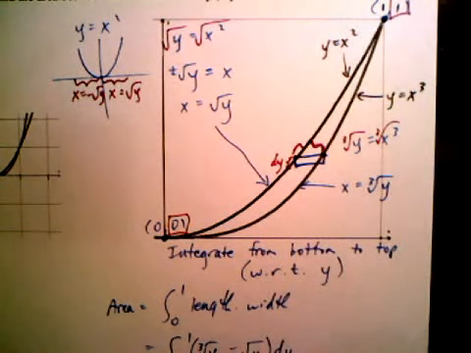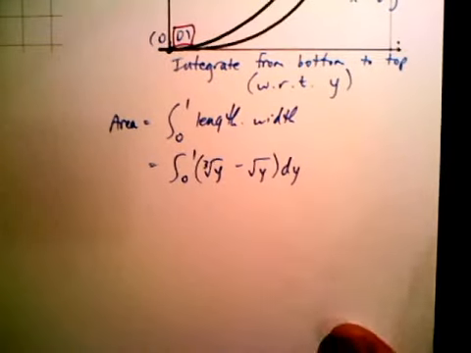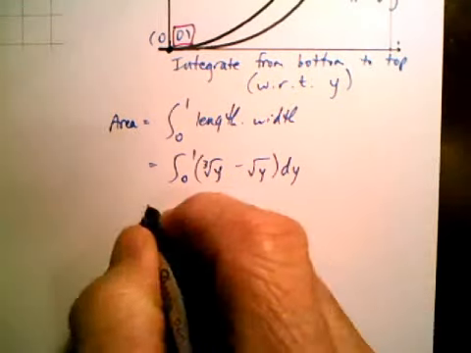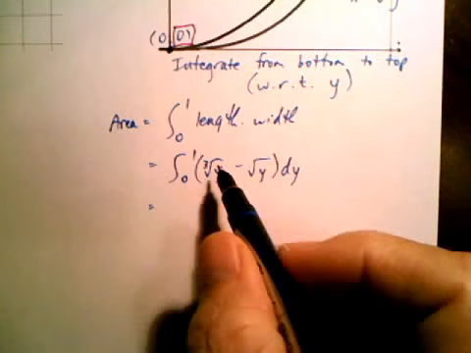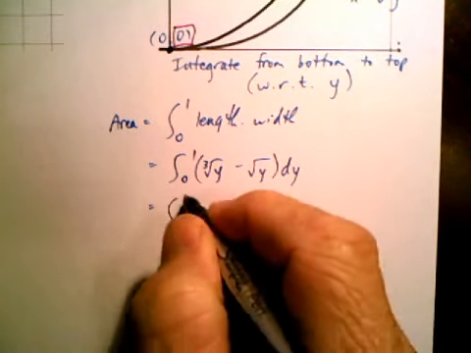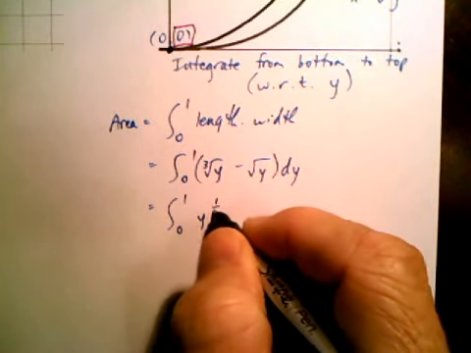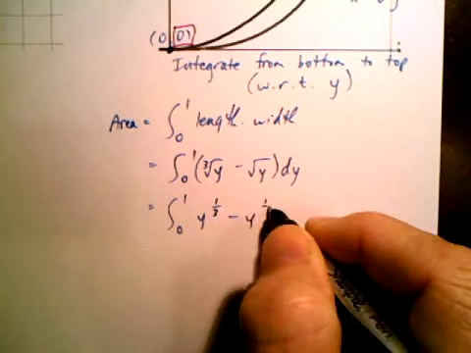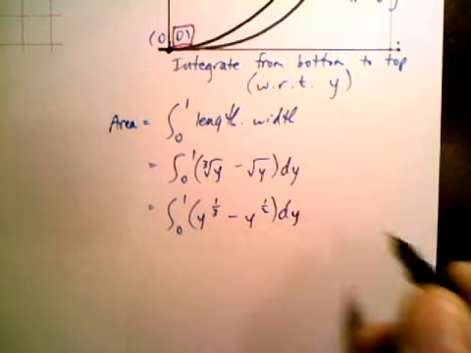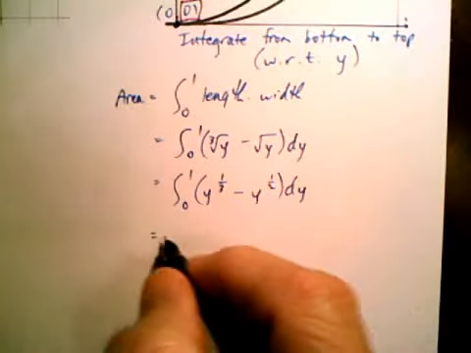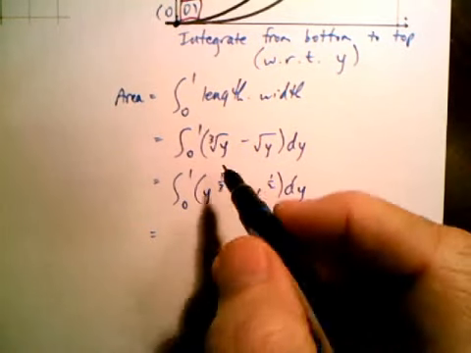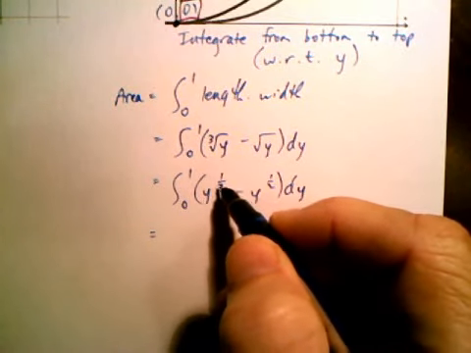Okay, so that being said, if you want to pause the video and see if you can figure this out, I mean, we know it's 1/12. Pause the video, see if you can get there. I'm going to go ahead and continue. I would write this as y to the 1/3 minus y to the 1/2 dy. Okay, and we know that we want to just use the power rule. We add 1.